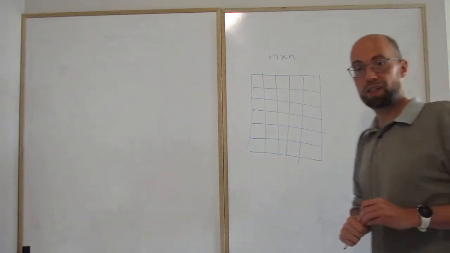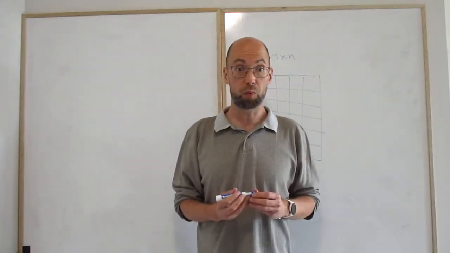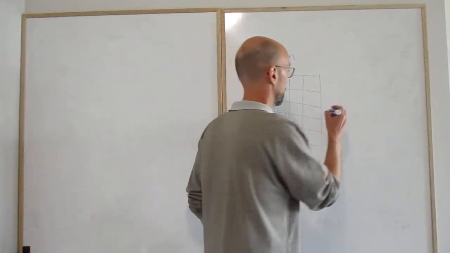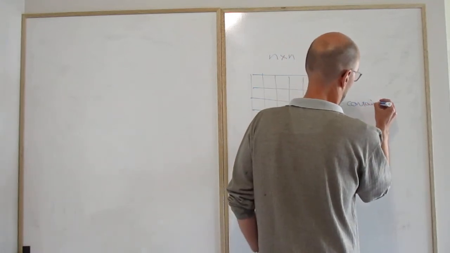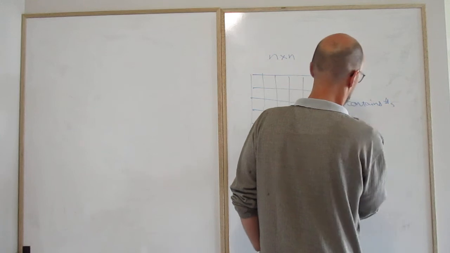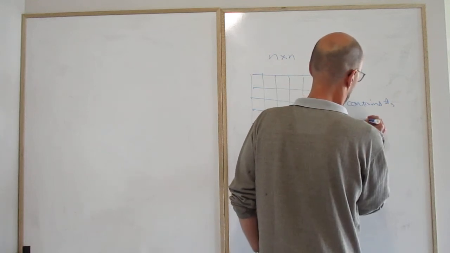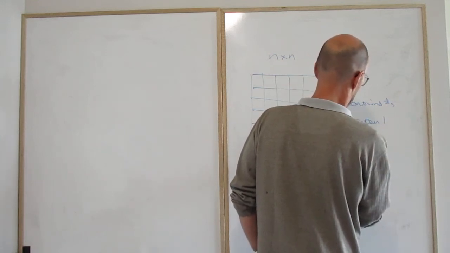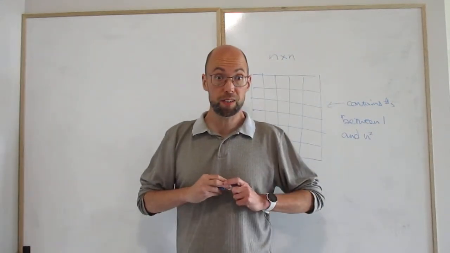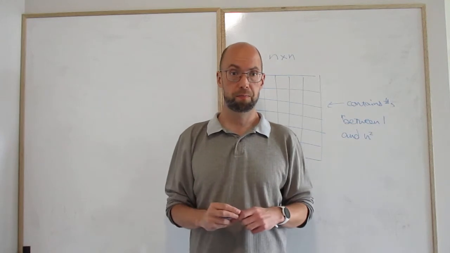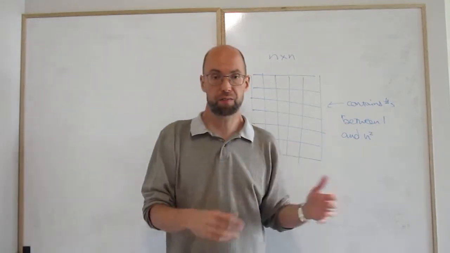I tell you that every cell contains a number between 1 and n squared, and every row is sorted and every column is sorted. Okay? And now I have a hat.